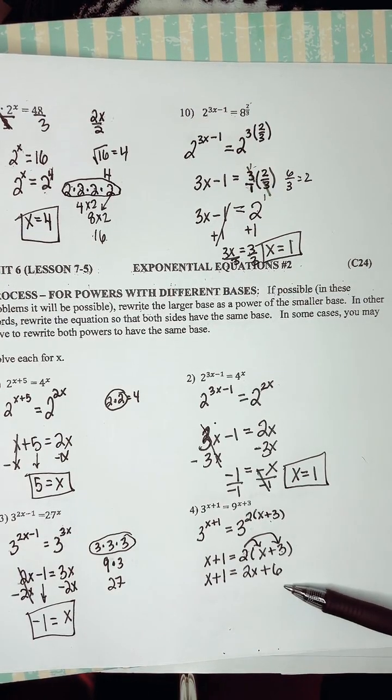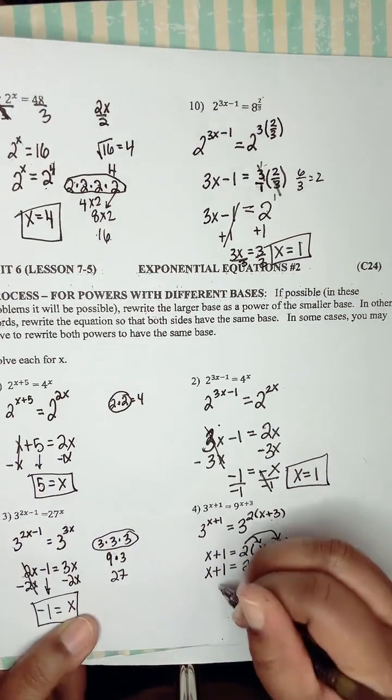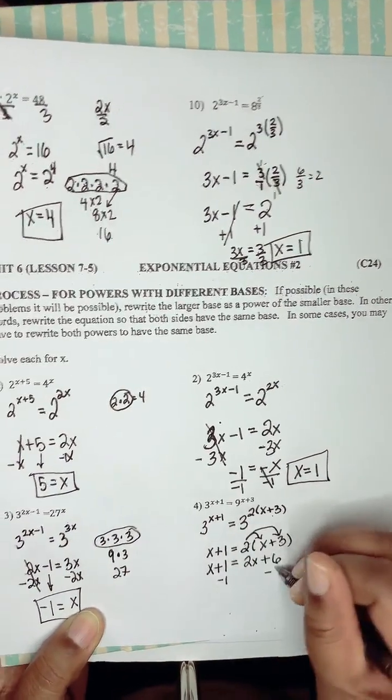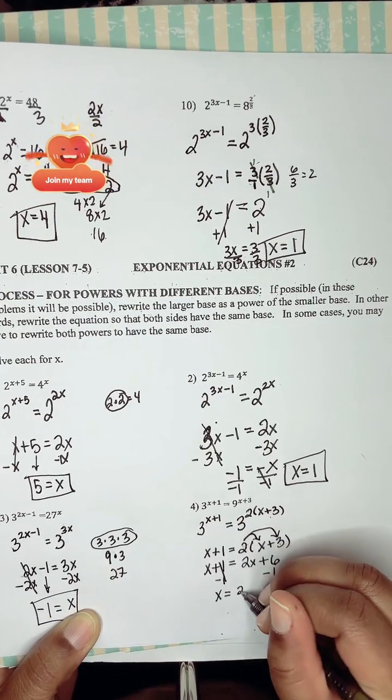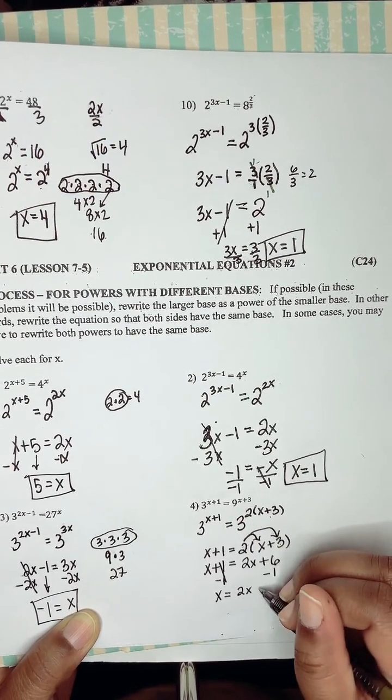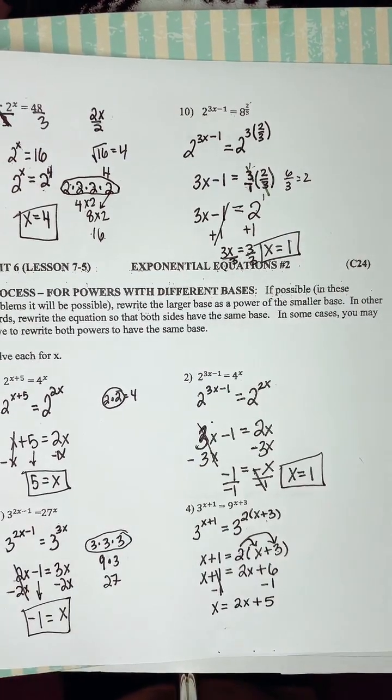We're right here. Angie said -1 to both sides. Angie, I'm right with you. Okay, so we're going to -1 first, because that's what I saw first. And we get x equals 2x plus 5. All right.